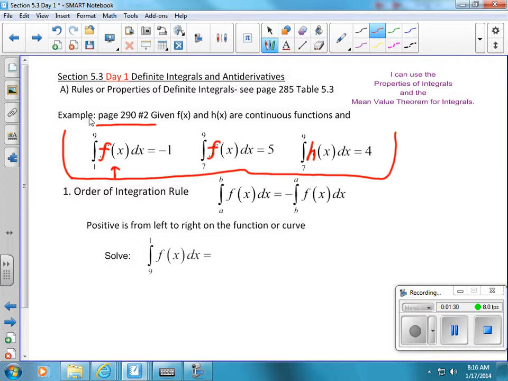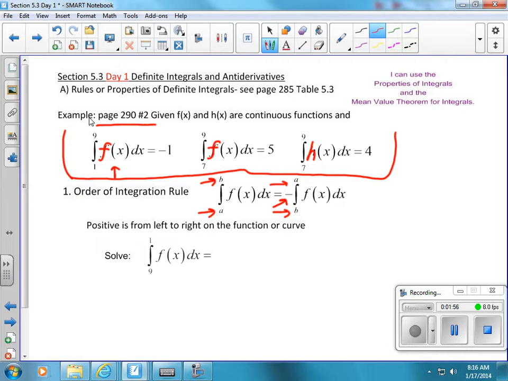Now, order of integration says that if you go from A to B and then flip it around and go from B to A, or instead of going left to right, you go right to left, then your antiderivative or integral is negative.